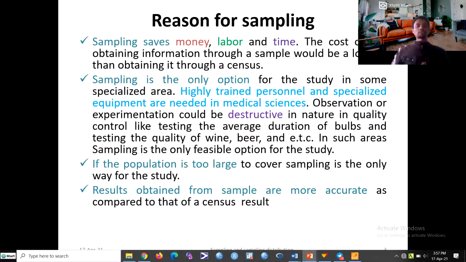If the survey requires highly trained personnel and specialized equipment, sampling will be the only option. Observations or experimentation could be destructive in nature in quality control, like testing the average duration of bulbs and testing the quality of wine, beer, and so on. In such areas, sampling is the only feasible option for the study.